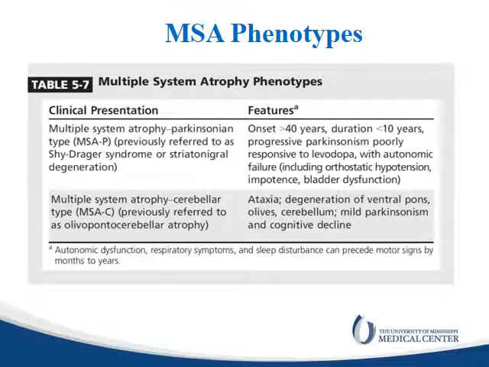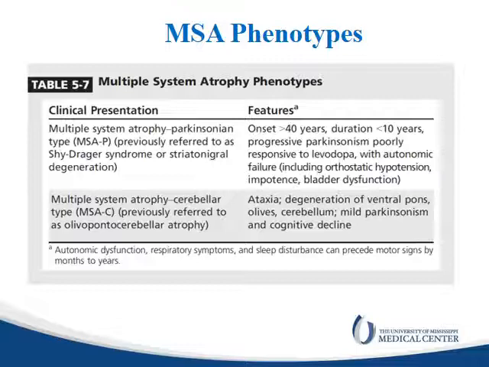There are 2 subtypes of MSA. MSA-P is a progressive Parkinsonism poorly responsive to levodopa with significant autonomic failure, including orthostatic hypotension, impotence, and bladder dysfunction.